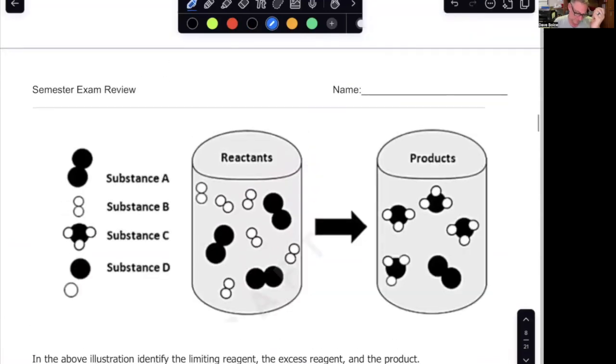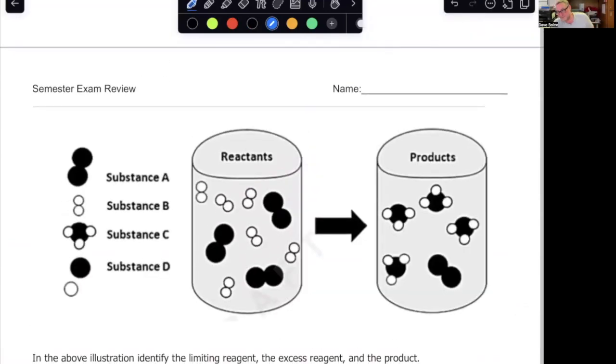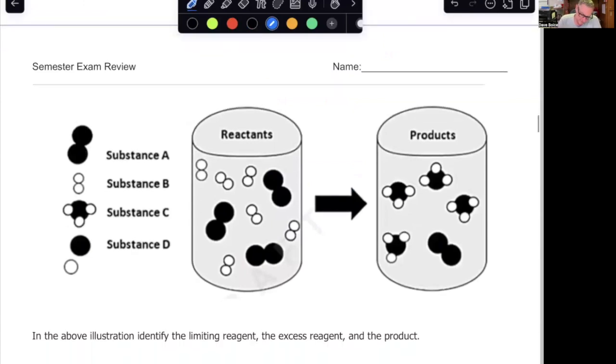Whew, last question. Okay, this one is kind of important. We've seen a question like this before, and a lot of people got it wrong. I think they just maybe misread the question. So I want to identify the limiting reagent, the excess reagent, and the product. So I have one reagent and I have another reagent. They are going to combine to form the product right here. This is new.